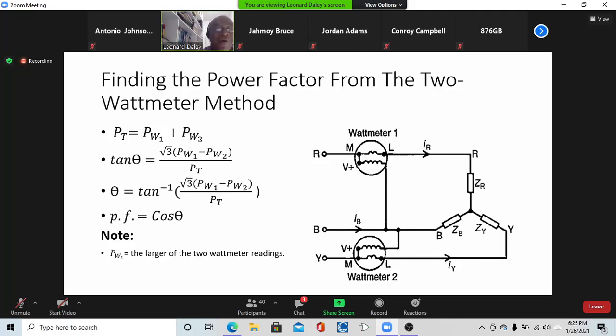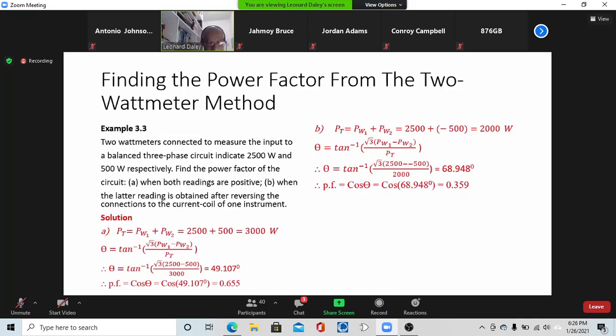So whatever your findings were before, you use the larger reading as PW1, and then you take away PW2 from that, multiply that numerator by √3, and you get a value. Then you take the tan inverse of that value, and you get an angle, and then you find cosine of that angle, and you get the power factor. It's not as complicated as it sounds, so let us look at an example quickly.